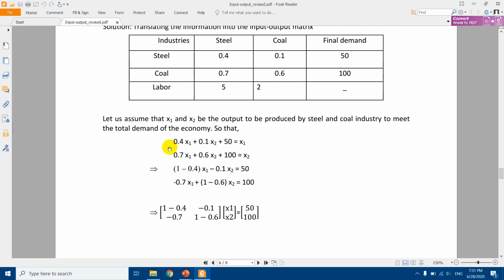This is solved as 0.4 times x1 plus 0.1 times x2 plus 50 equals x1. It's the intermediate demand plus final demand equals the total output. And similarly 0.7 x1 plus 0.6 x2 plus 100 equals x2, and we will solve it in a similar manner.